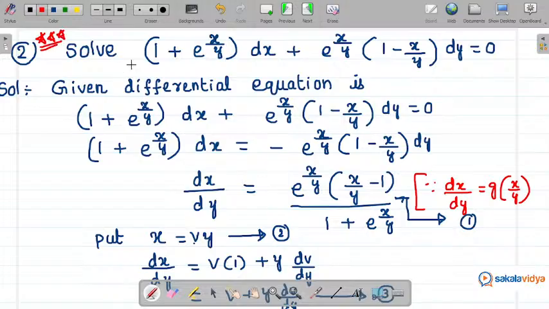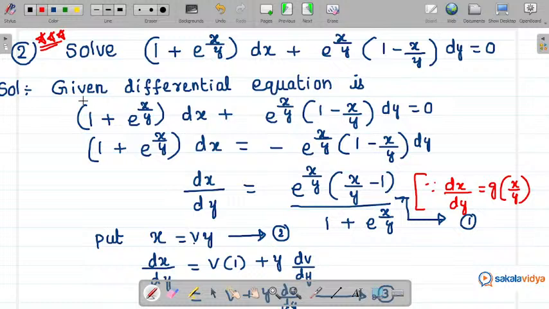Solve 1 plus e power x by y dx plus e power x by y into 1 minus x by y dy. Just by observation itself we can say that dx by dy can be written as a function of x by y itself.